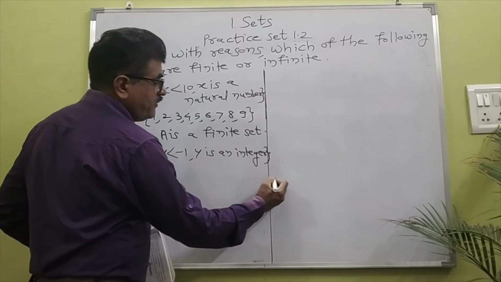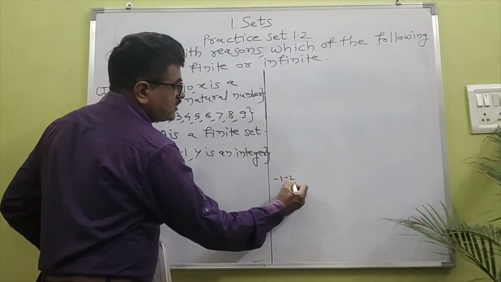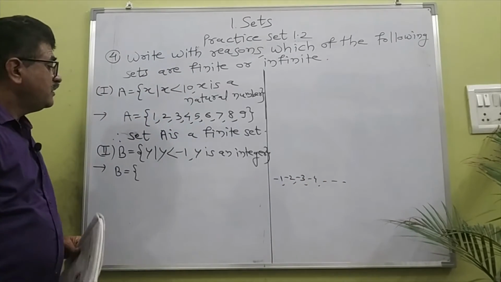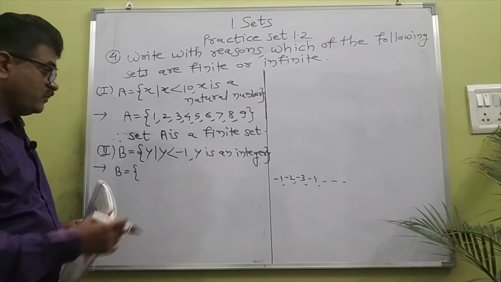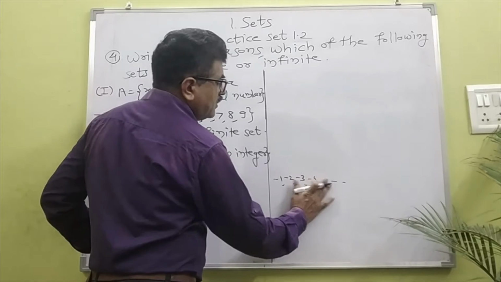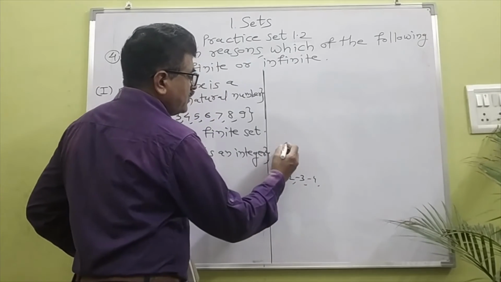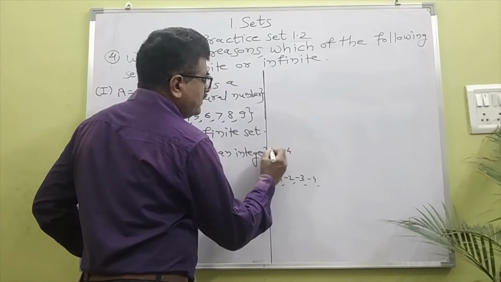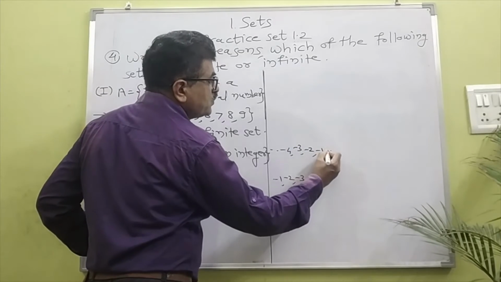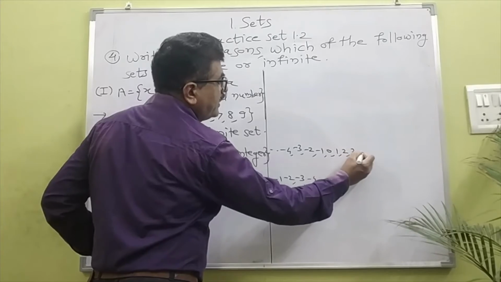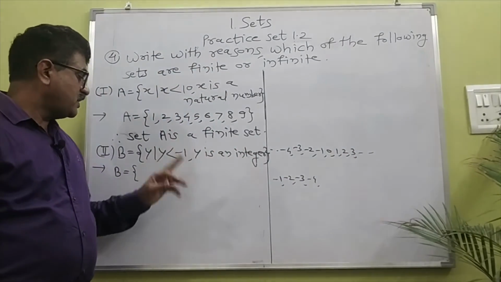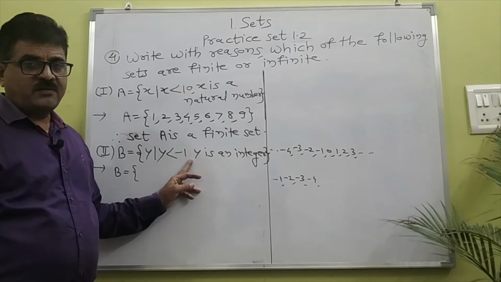Integer म्हटल्यानंतर कोणते एलिमेंट येतील, minus 1, minus 2, minus 3, minus 4 and so on. Integer म्हटल्यानंतर पहा, minus 4, minus 3, minus 2, minus 1, 0, 1, 2, 3 and so on. These are all integers. Y is an integer, but y is less than minus 1.